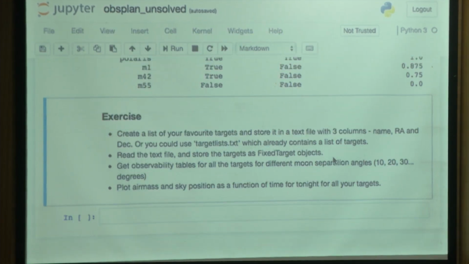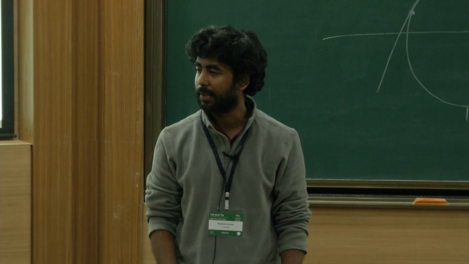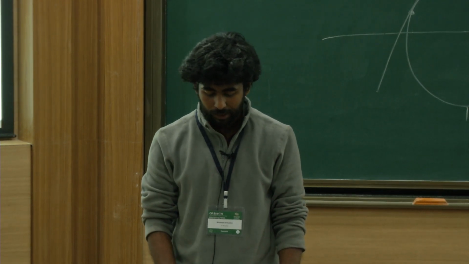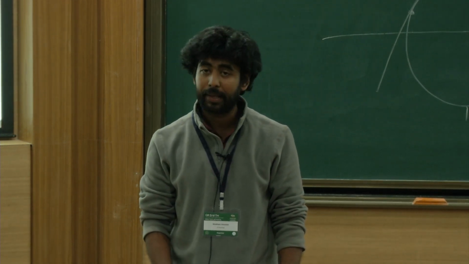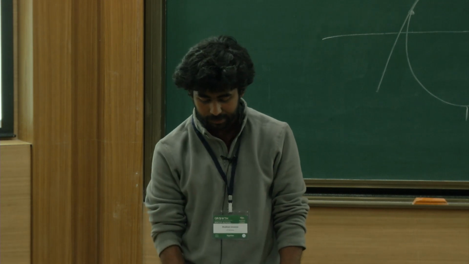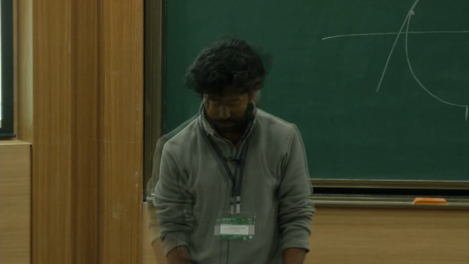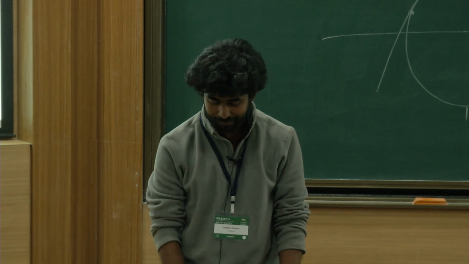You can also try different constraints, and see how the fraction of observing time changes as you relax your moon separation constraints, for example. And you can also plot their airmass, plot their sky positions as a function of time, their elevations. Yeah, I think that's it.